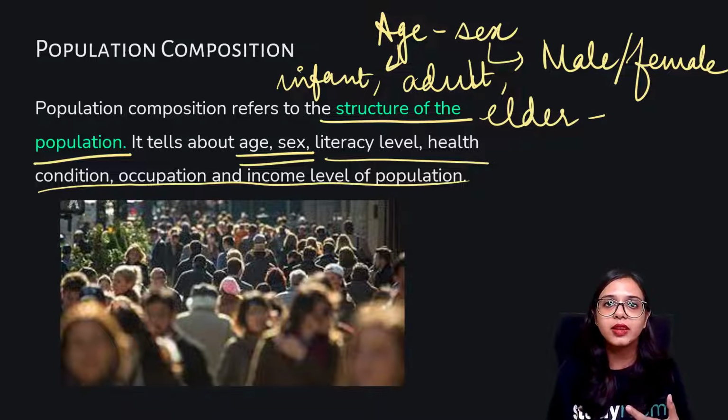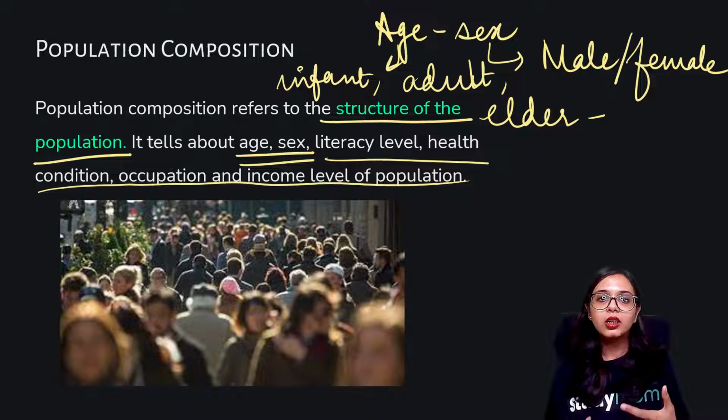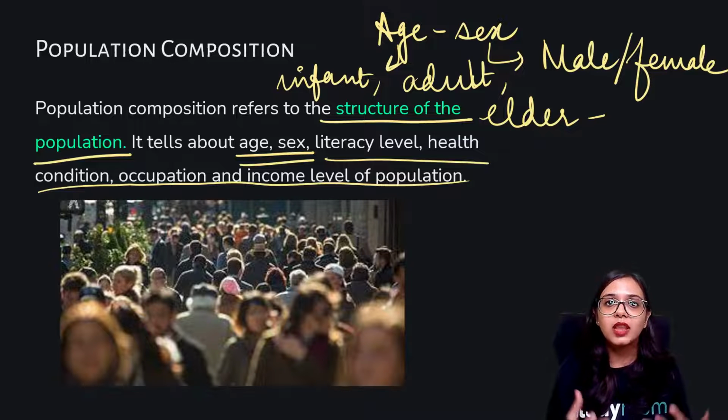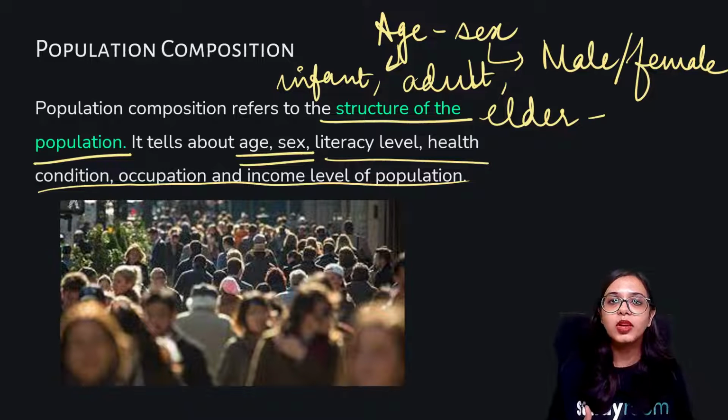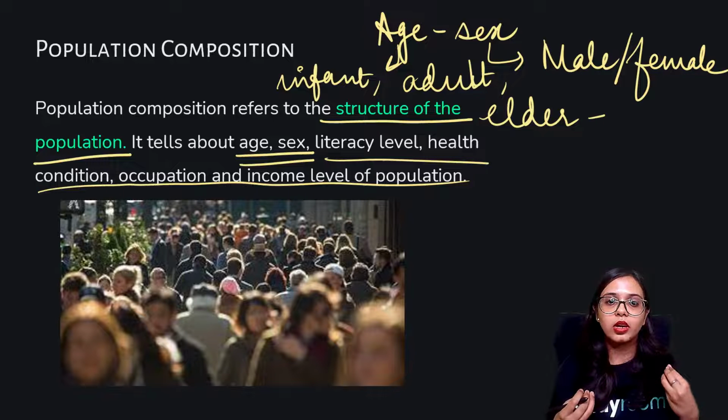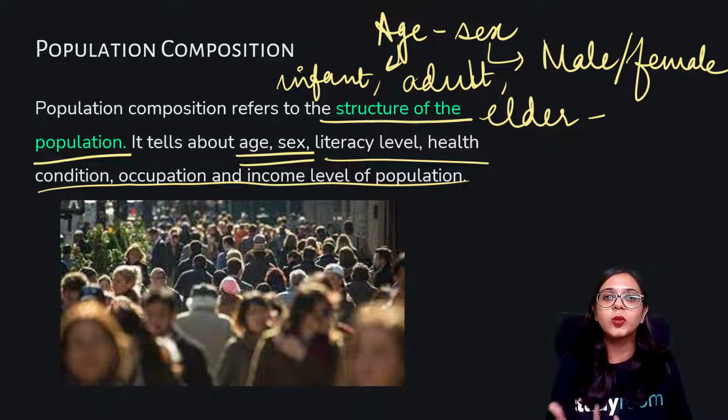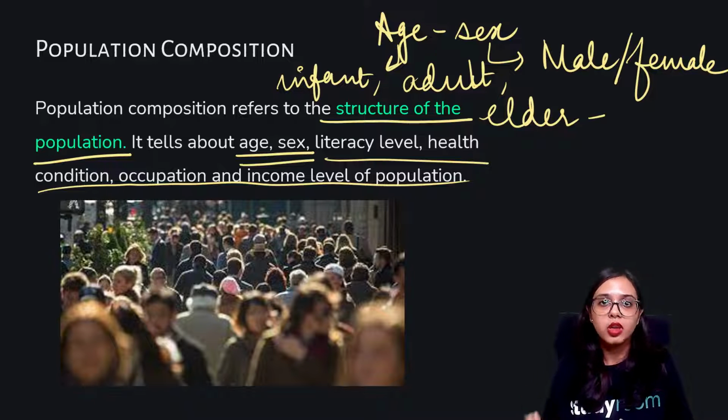All of those factors determine what kind of human resources that population has, and whether it is aimed towards advancement or whether it is just adding to the increment of population, but not so much increment in terms of advancement or resources.